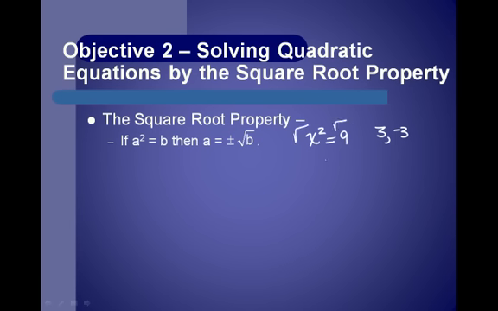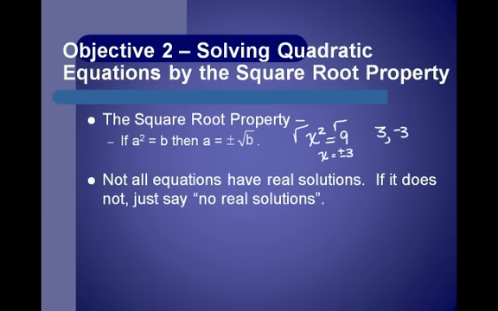So the square root of x squared is x. You can square root the 9 and get 3, but you have to consider the positive and negative root of 9. Now, not all equations have real solutions. If it does not, just say no real solutions.